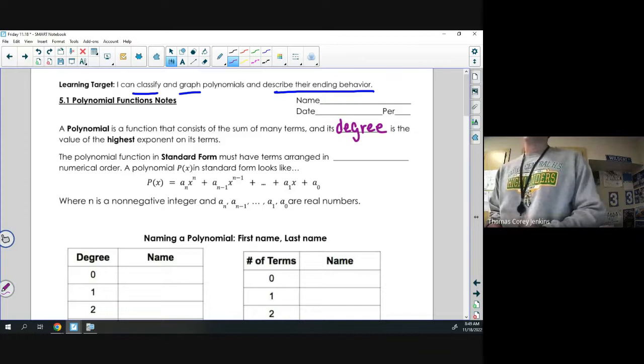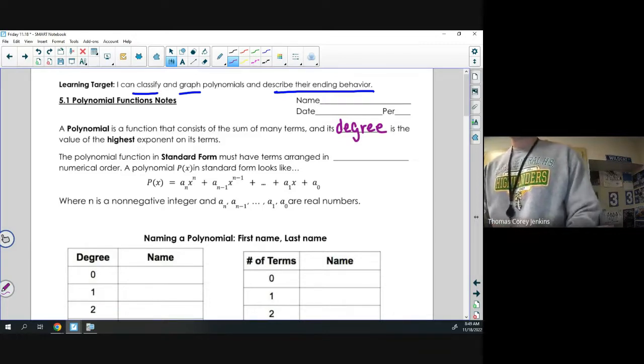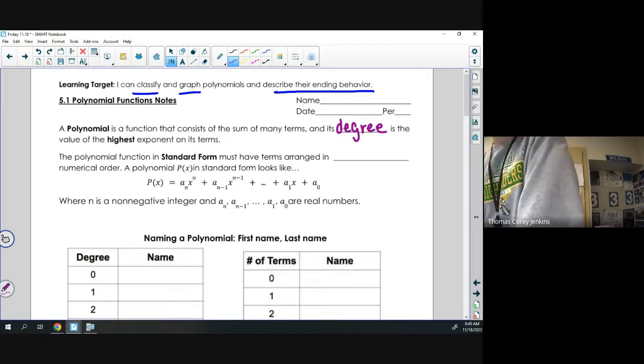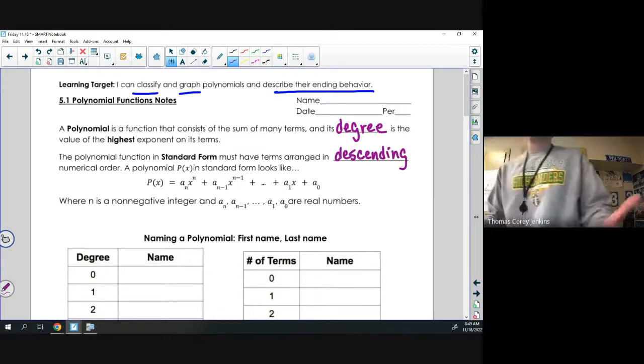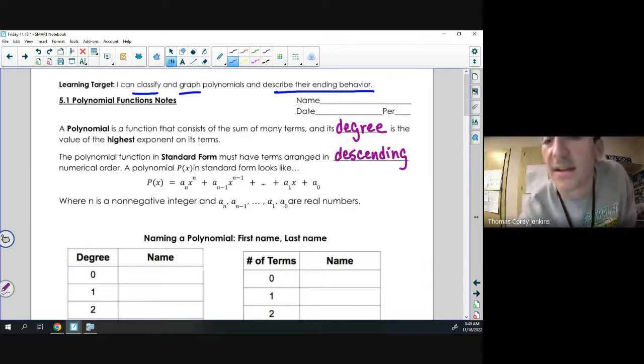The polynomial function in standard form must have terms arranged in descending numerical order. That's referring to the degree, so you might just want to say that means the degree.